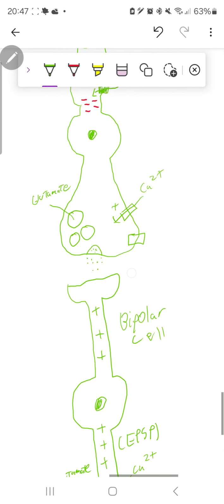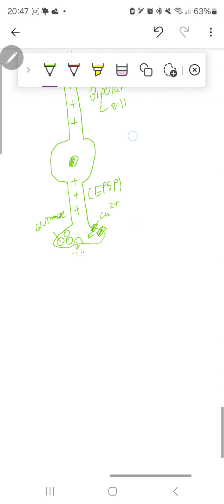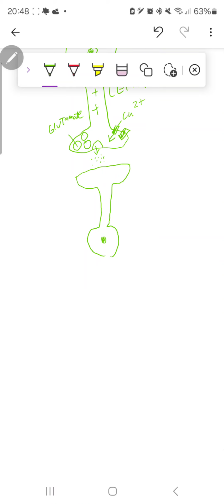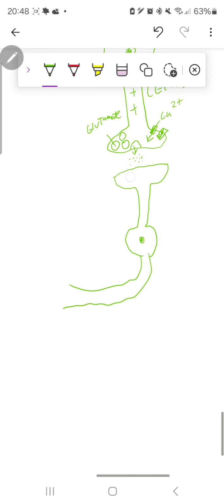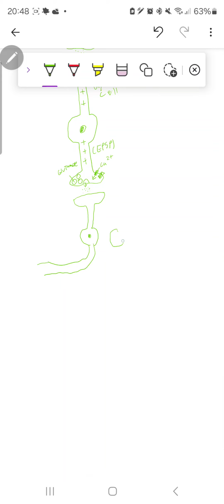And this bipolar cell is in contact with one last cell that is called the ganglion cell. And these ganglion cells are known for having really long axons in relation to other cells. And there will be a bunch of them.